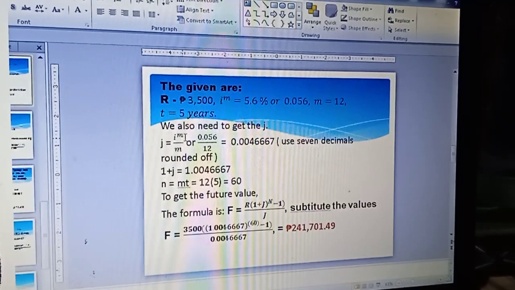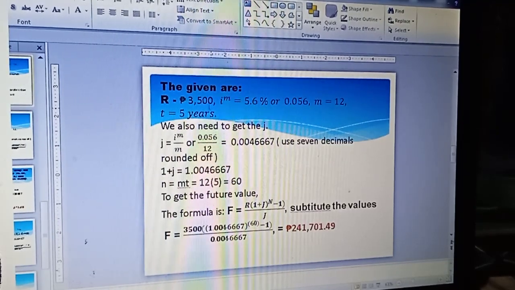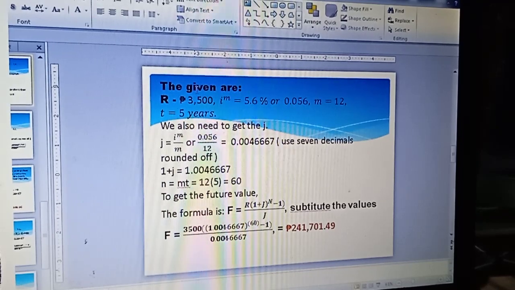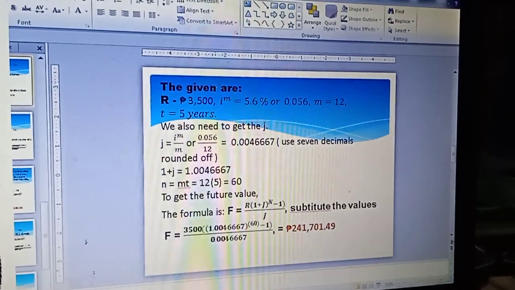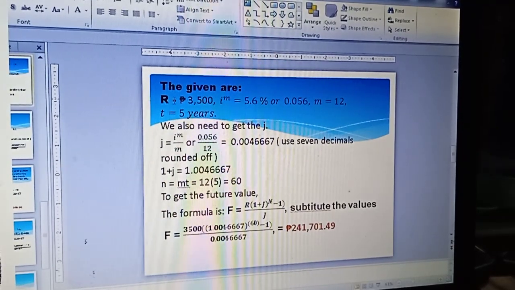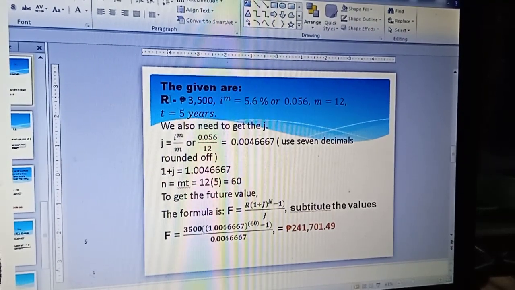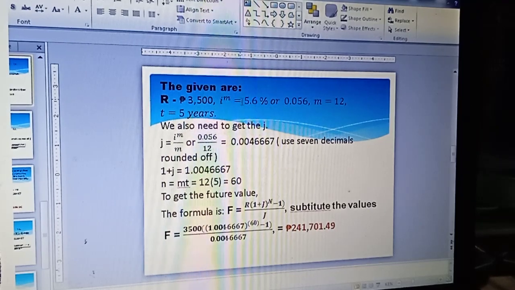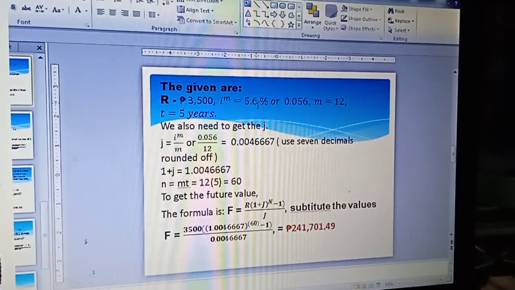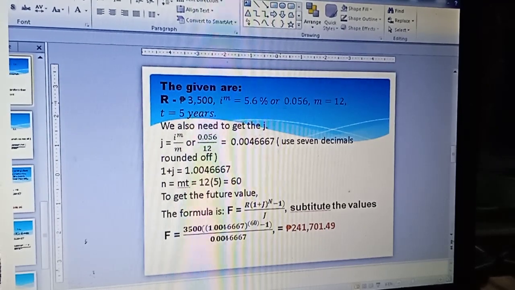So, collecting the data, the givens are: R or periodic payment equals 3,500. The nominal rate or annual rate is equal to 5.6% or 0.056.